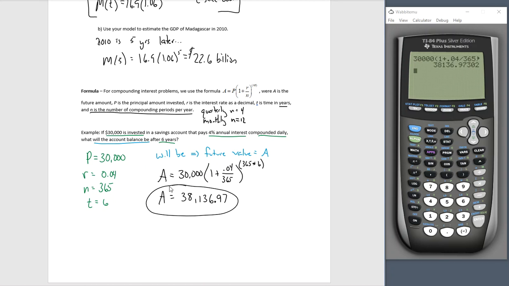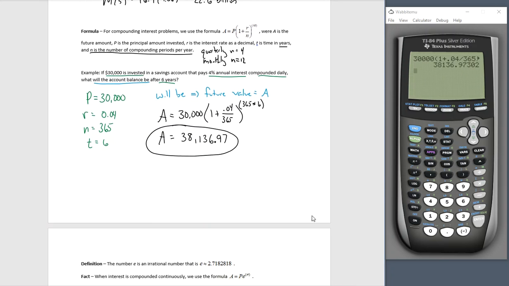For money problems, always round to the nearest cent unless it tells you otherwise. This doesn't tell you how to round, so we'll round to the nearest cent.